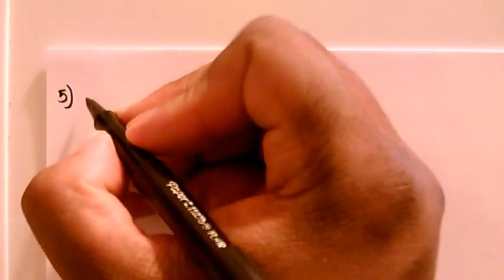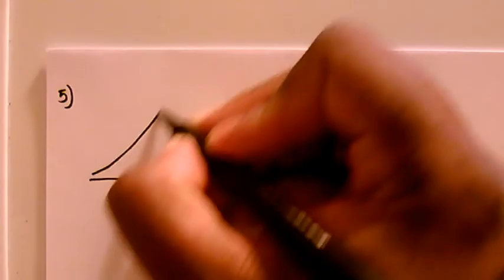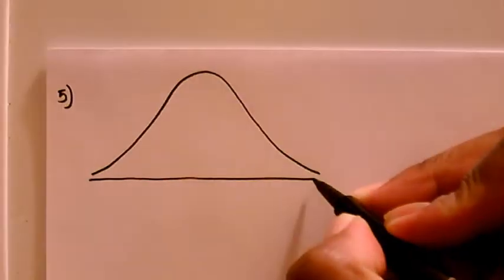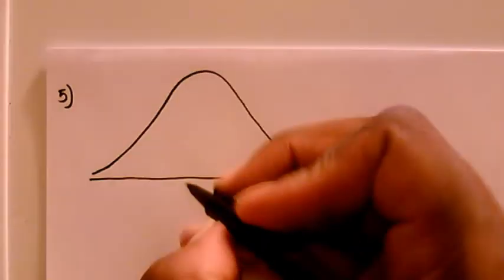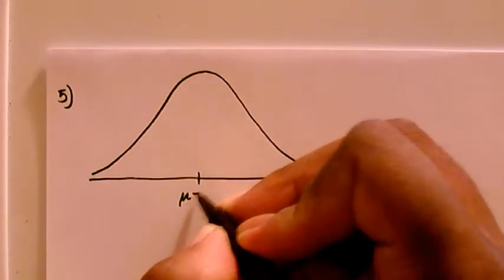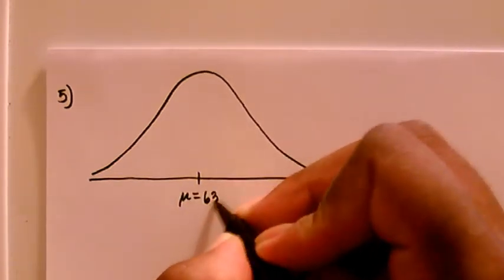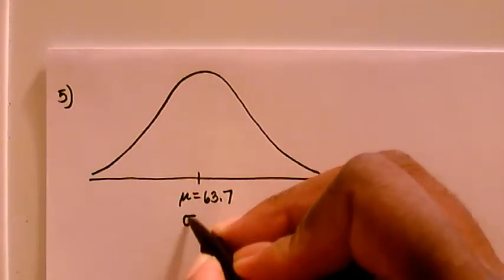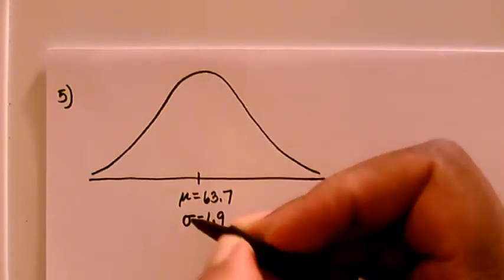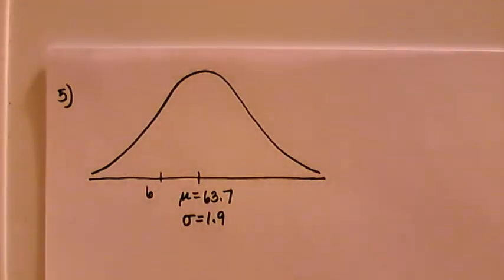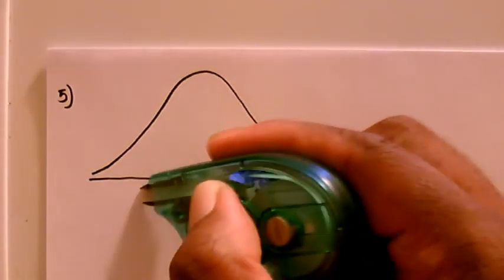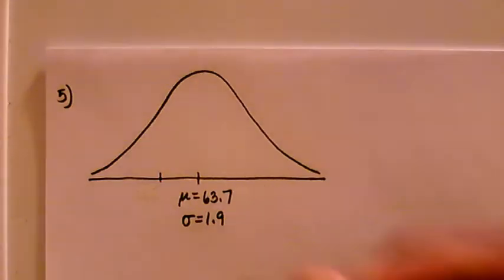So it's problem number 5, and I'm going to start by drawing a normal curve. And with these, you want to draw the normal curve so that you can get a visual idea of how these problems look. And in this case, mu is 63.7, and sigma is 1.9. And it says greater than 64.3, so in this case here, 64.3 will be to the right of 63.7.